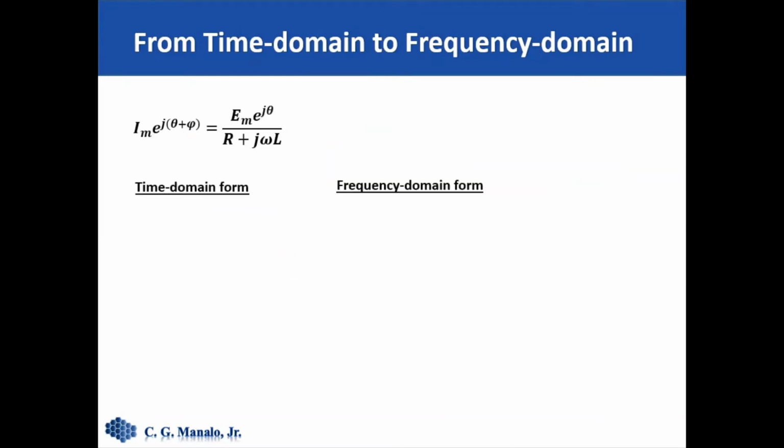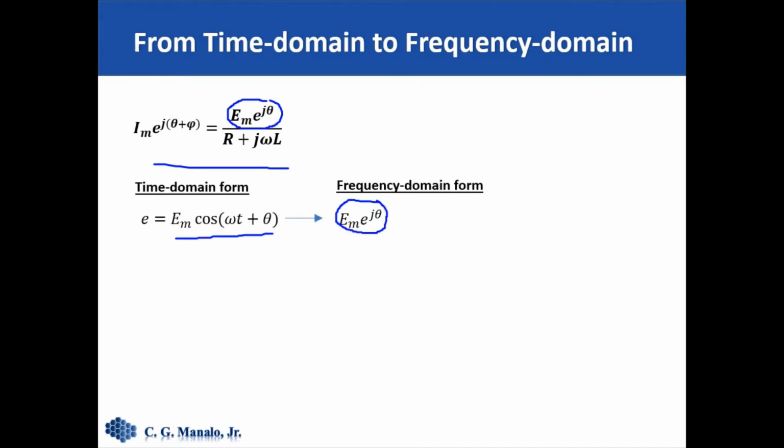Let me go back to this expression and discuss further what happened. This expression here is the frequency domain equivalent or form of this expression or the sinusoid in our circuit. This R here is the frequency domain equivalent of our resistance in our circuit.